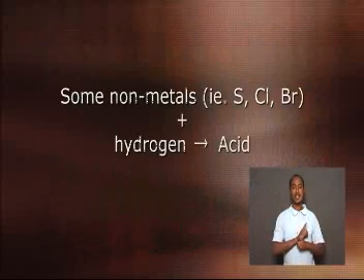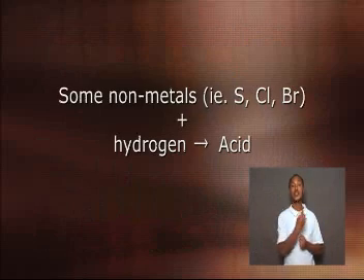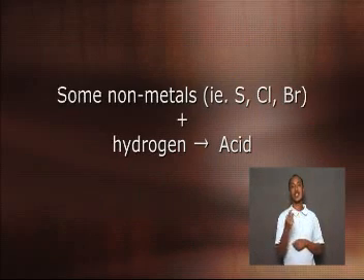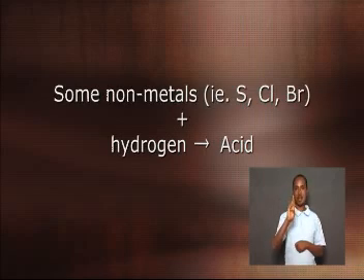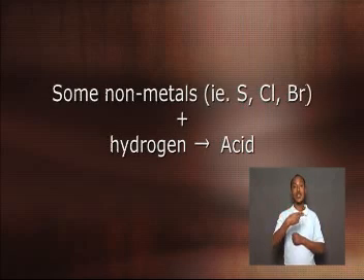The direct combination of some nonmetals, such as sulfur, chlorine, and bromine, with hydrogen can produce acids. However, this method is mostly used in the preparation of binary acids. If you remember from a few lessons back, a binary acid is one that consists of only two elements.